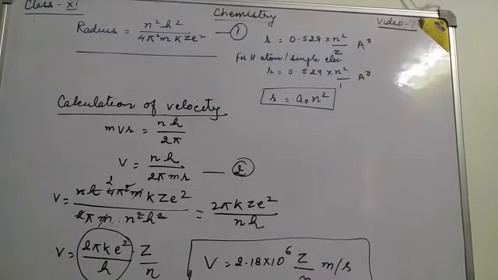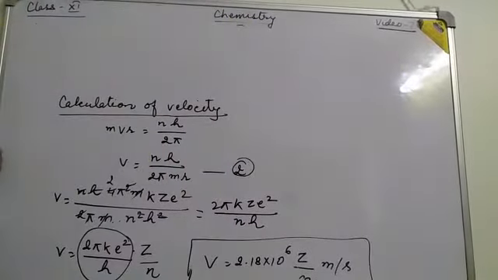So we can calculate the velocity of different electrons in different shells by this equation.